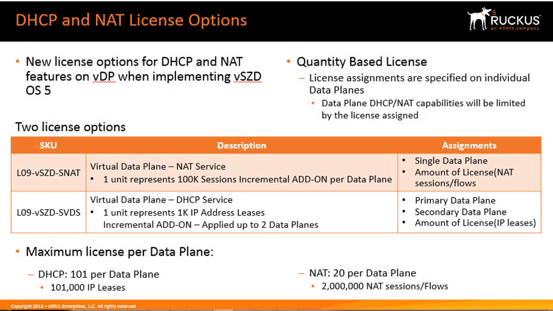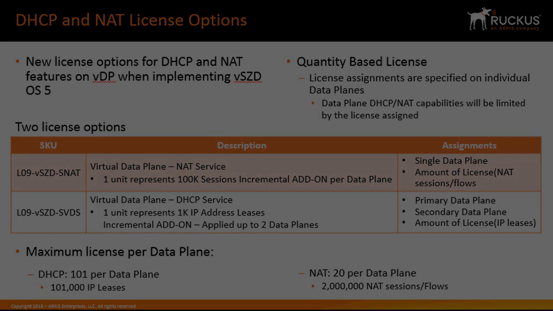Now, the maximum license per data plane that can be assigned from a DHCP perspective is 101 per data plane, meaning 101,000 IP leases. And from a NAT perspective, we can see 20 licenses per data plane can be assigned, which represents a maximum of 2 million NAT sessions or flows.